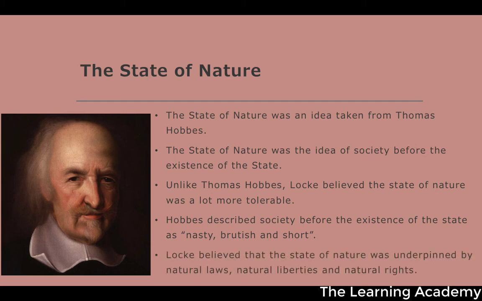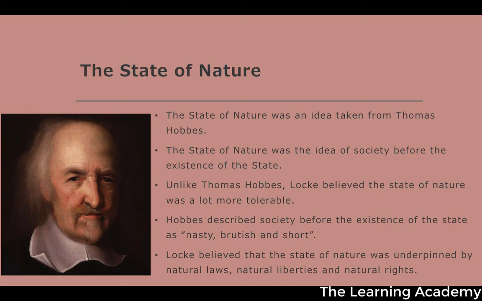And Locke believed that the state of nature was underpinned by some kind of natural law and natural liberties and natural rights. So whereas Hobbes believed that a society without a state would almost immediately collapse, that it would be nasty, brutish, and short, with a lot of problems, Locke believed that these problems wouldn't exist in the state of nature, because the state isn't the only thing that underpins society.